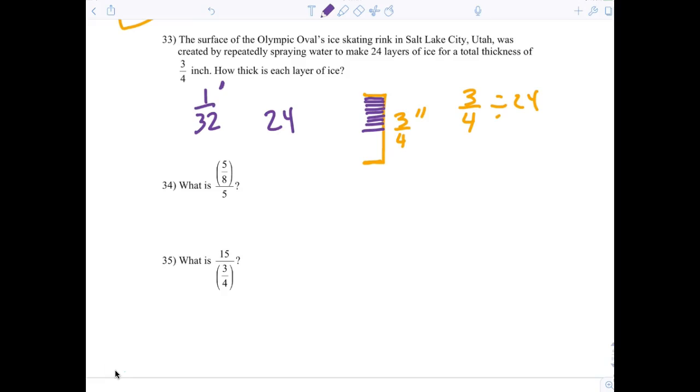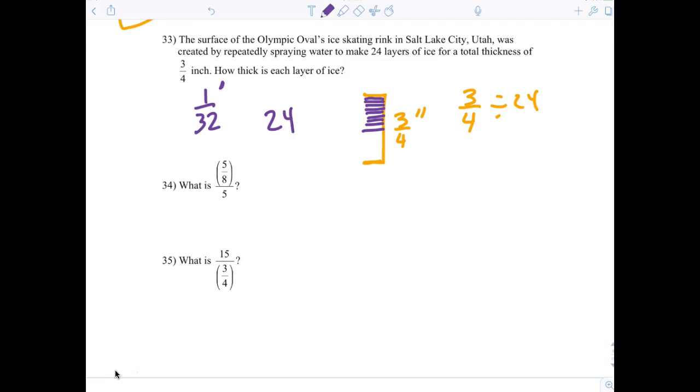I'm dividing the 3/4 into 24 pieces. Each piece will be 1/32 of an inch. That's important. If you understood what I just said and you were confused a few minutes ago, you actually just learned something. That's why it's important to listen to everything, and you have to try everything on your own. Writing down my answer is of no value if you didn't try it yourself.